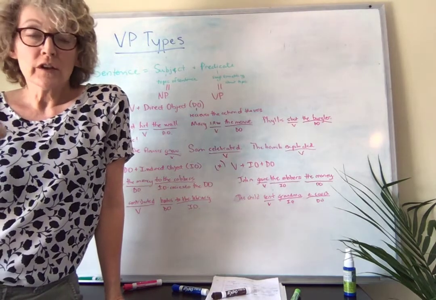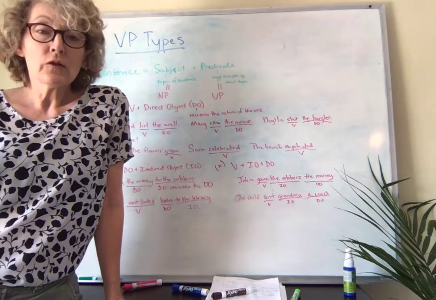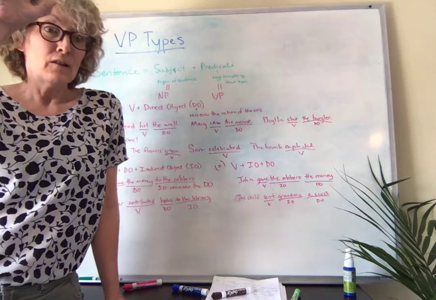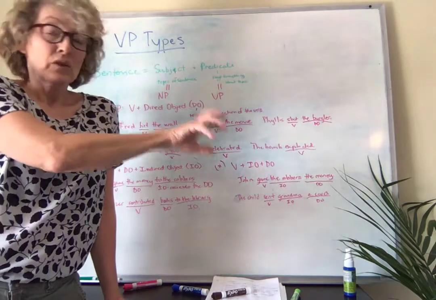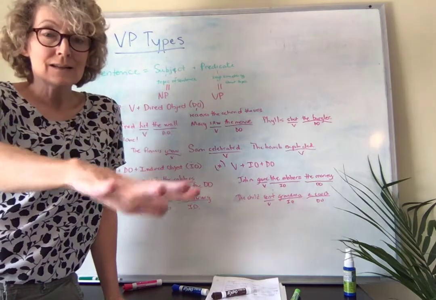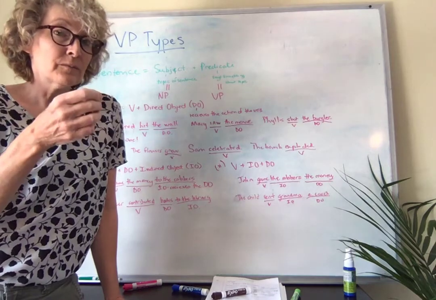If you start looking at examples from novels or books or other texts, you're going to see a lot of examples of subject, verb, direct object. You can probably come up with many examples right now of sentences that have that structure.